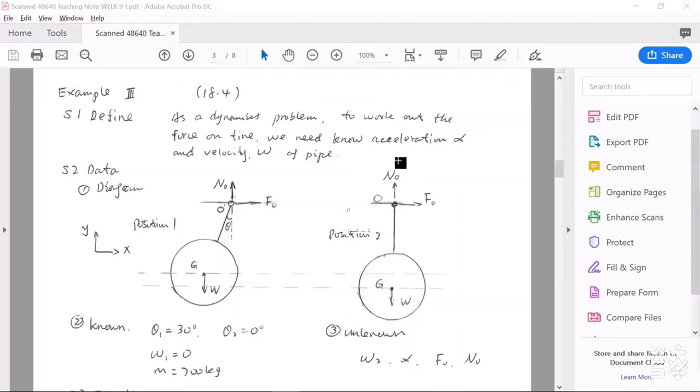The target is N_O and F_O, and this pipe actually undergoes a rotation about this point O. This N_O and F_O can hold it.